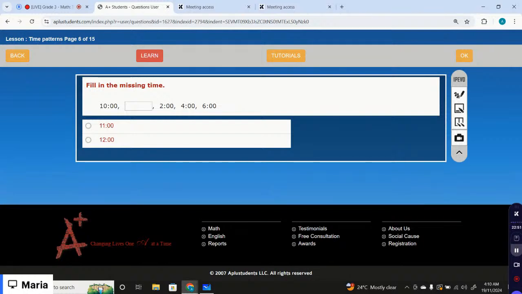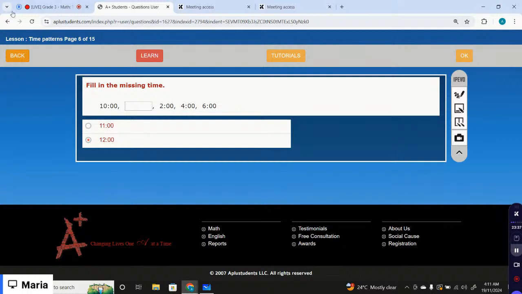Fill in the missing time. So which is the next one? Option number 2 is the correct option. 12 it is.